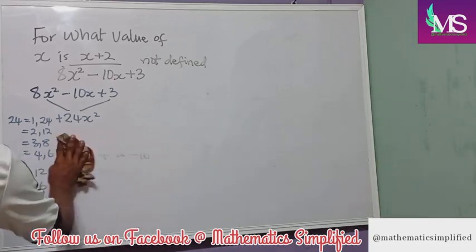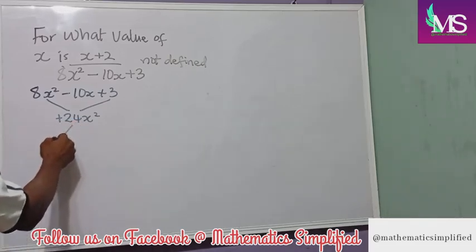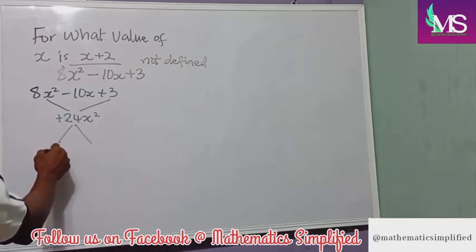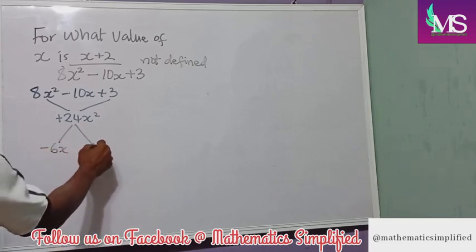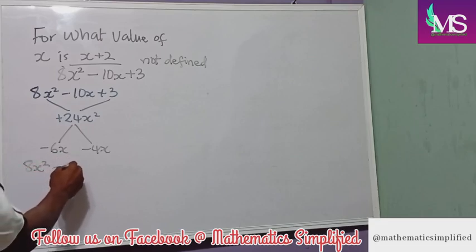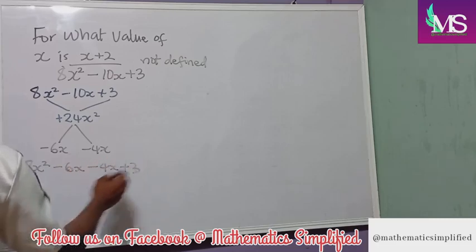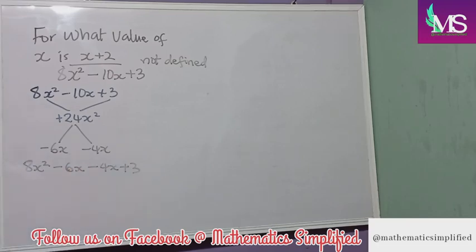Now substituting our equation here as minus 6x and minus 4x. This will give us 8x² − 6x − 4x + 3.